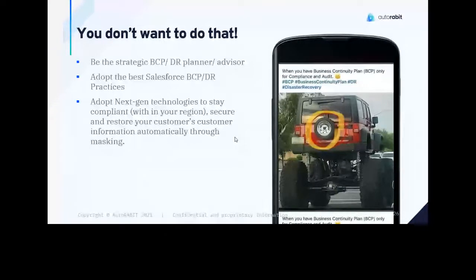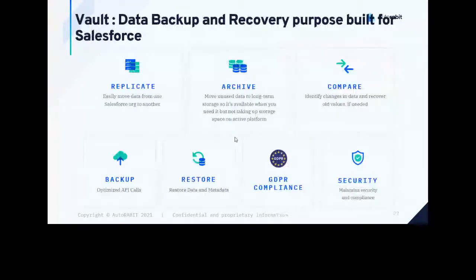Adopting the best Salesforce business continuity plans into the practices is the most essential thing today. Adopting the next-gen technologies to stay compliant within your region, as well as secure and restore your customer information automatically through data masking. These things are very important today in the Salesforce ecosystem, and that's why you should be adopting products like Vault today.